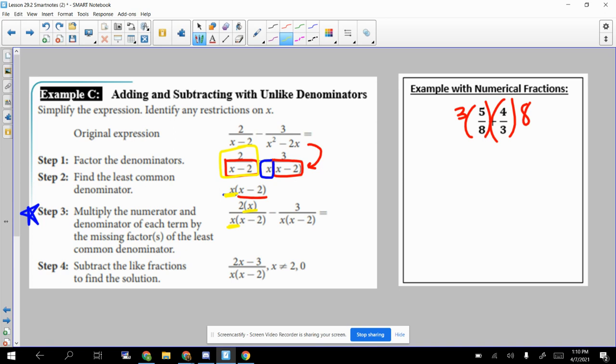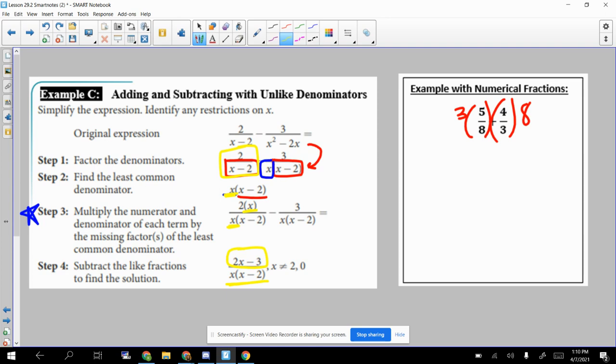That's what they did in step 3. Then we have 2x minus 3 in the numerator, and the denominator stays the exact same, x times x minus 2. It's the LCD.